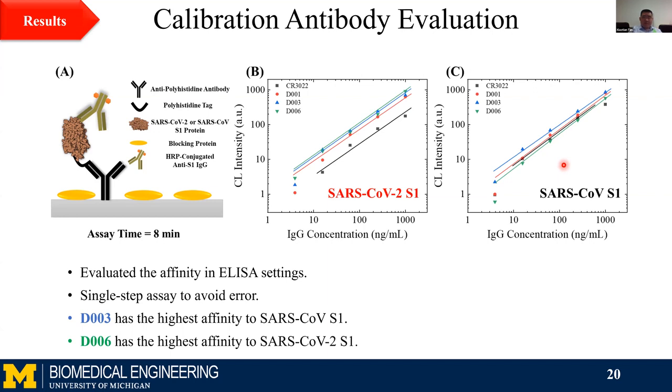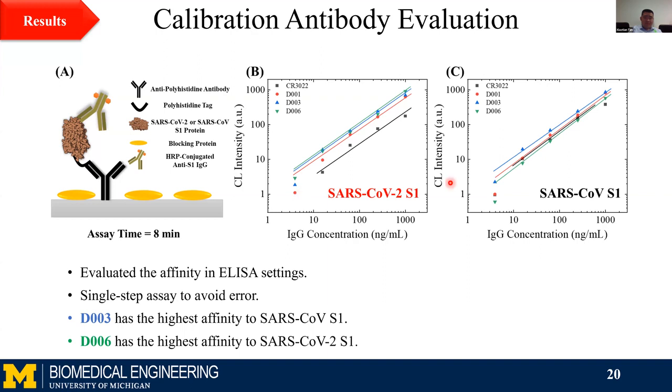Another reason that we decided to use this method for performing affinity evaluation is that, although there are several popular ways for doing antibody evaluation, for example, SPR and biolayer interferometry, BLI, they are not really representative of ELISA settings.